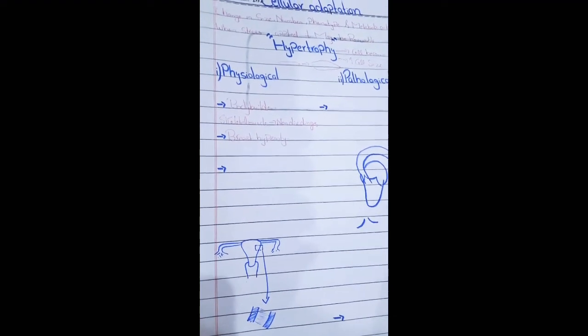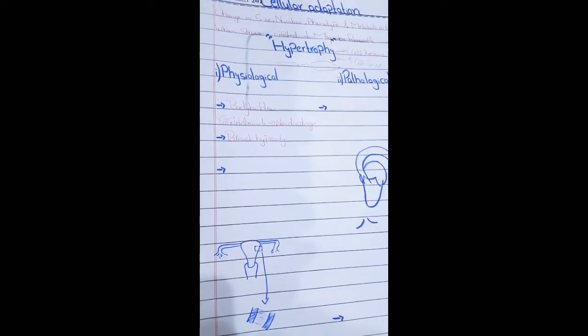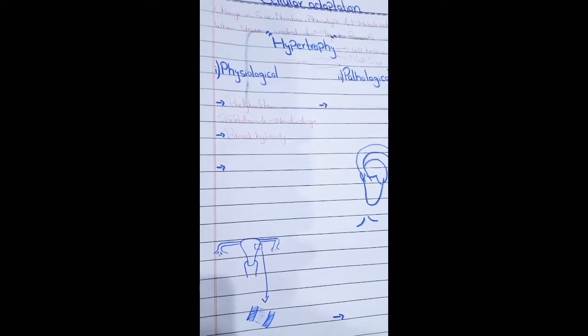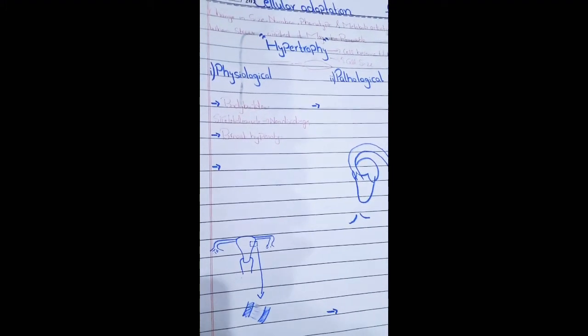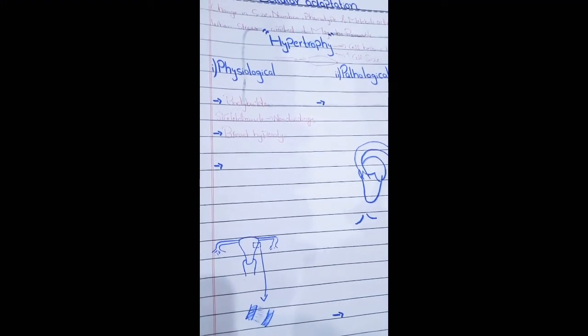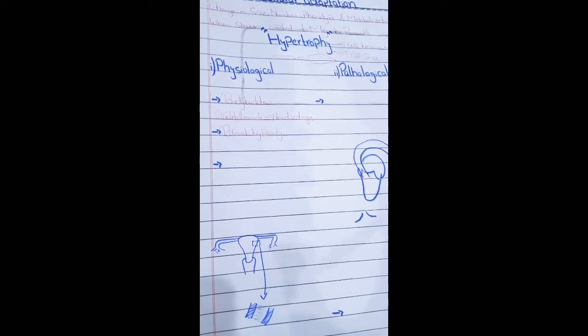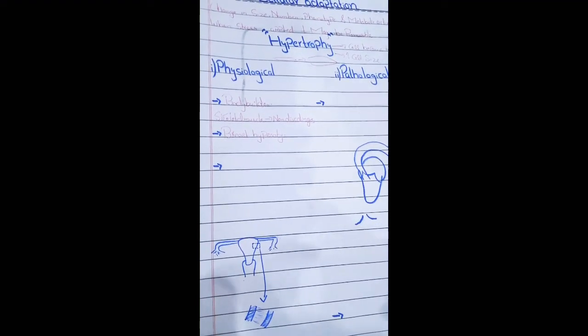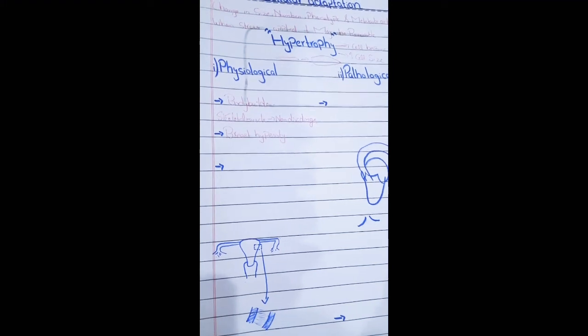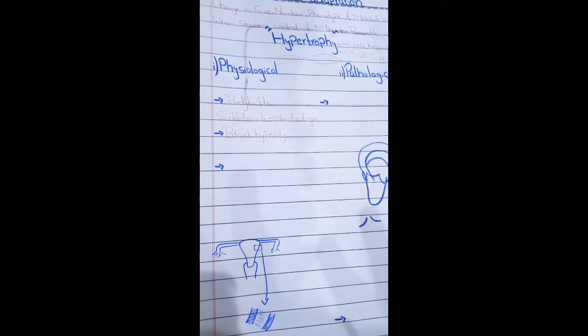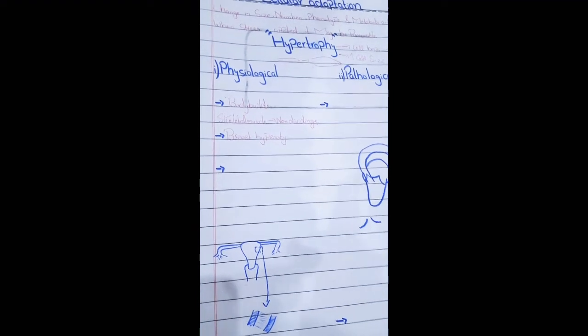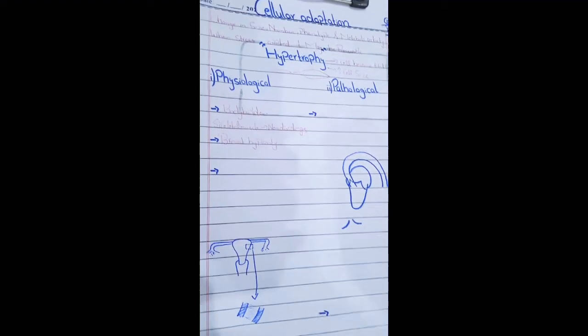So fat accumulates at the site of the breast, and the breast increases its size. This is hypertrophy of the breast. But the breast does not do hypertrophy alone. It does two things, hypertrophy plus hyperplasia, which I will tell you in the next lecture.